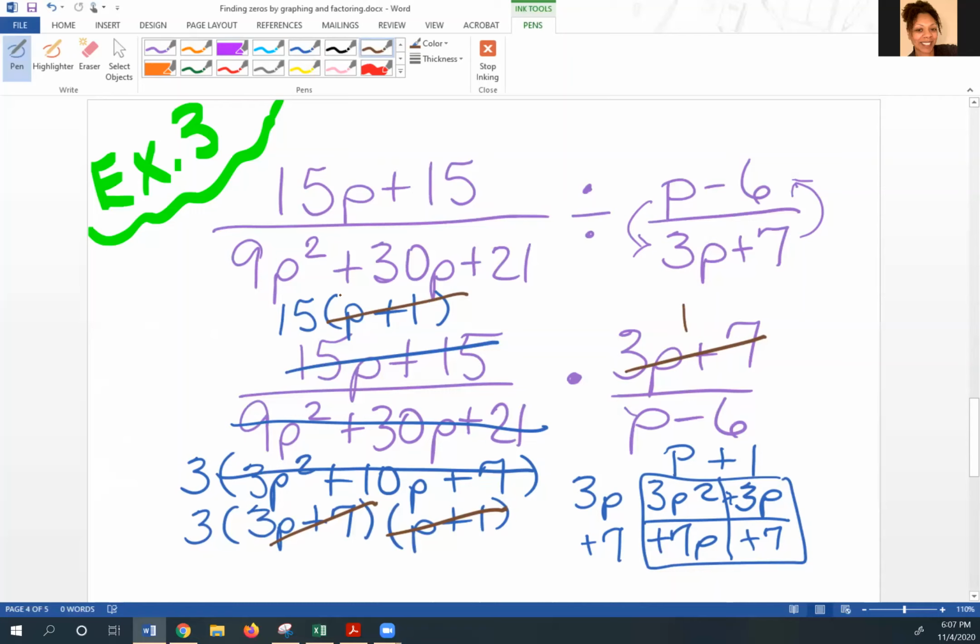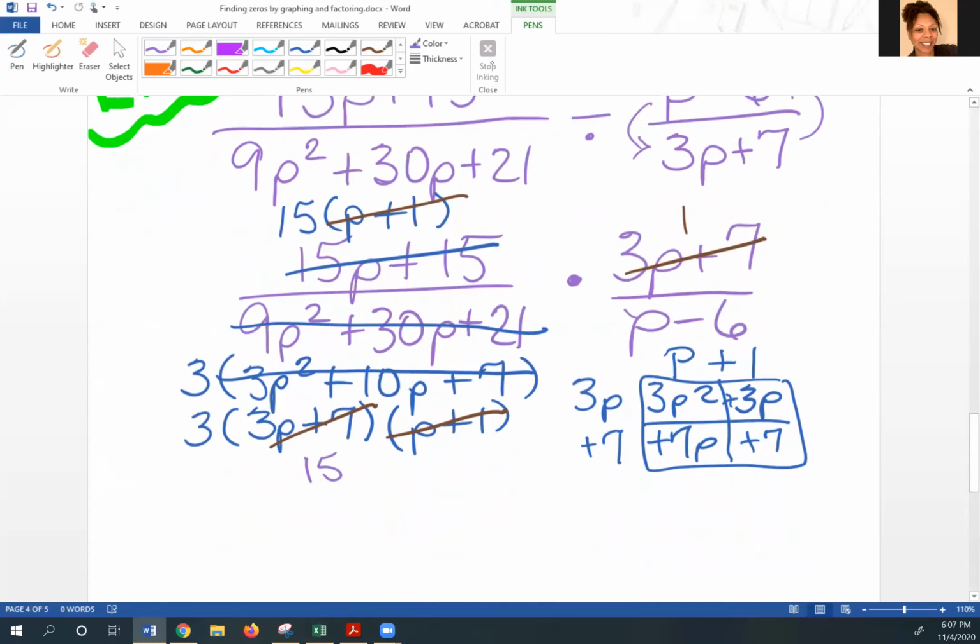I'm left with 15 times 1, which gives me the answer of 15. And then at the bottom, I'm left with 3 times p minus 6.